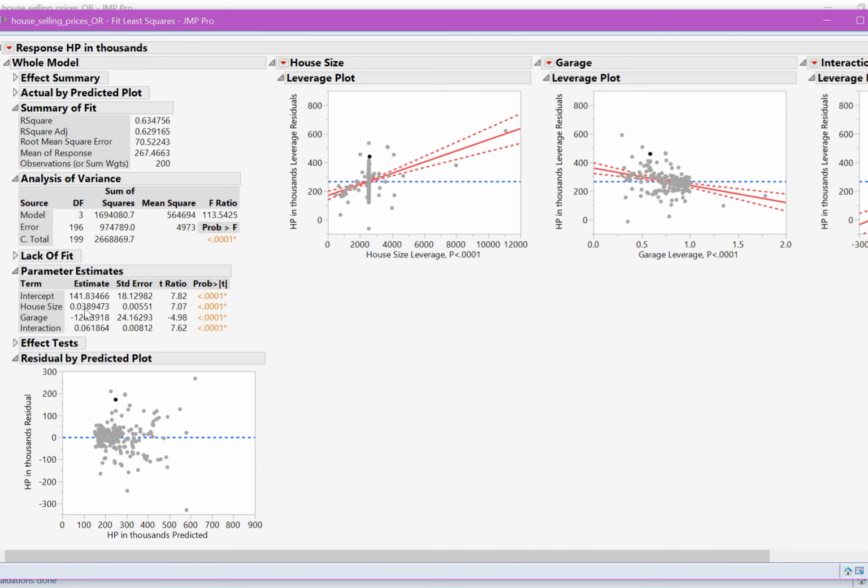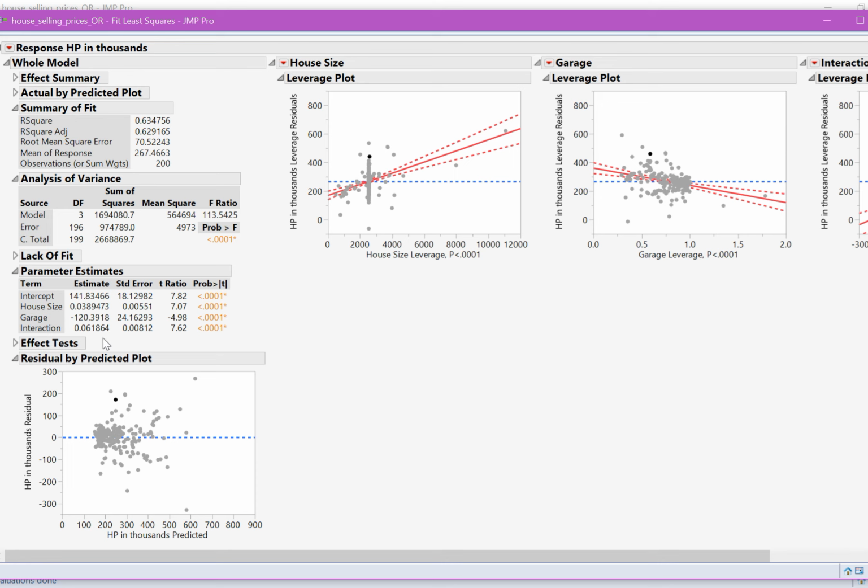So as house size increases by 1 unit, when garage is at 0, for homes with no garage, I do have a significant effect of house size. This t-test is significant. I also see that I have a significant effect of garage. So there is on average a difference between homes that have a garage and homes that do not. Again, this is really just testing whether I have a difference in the intercepts.